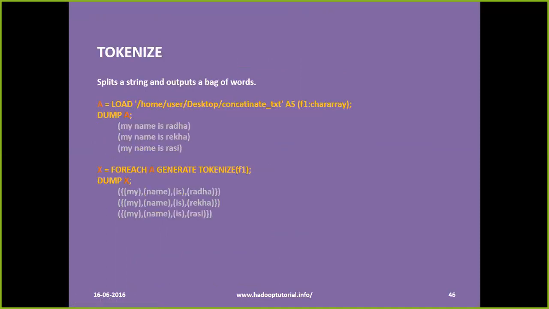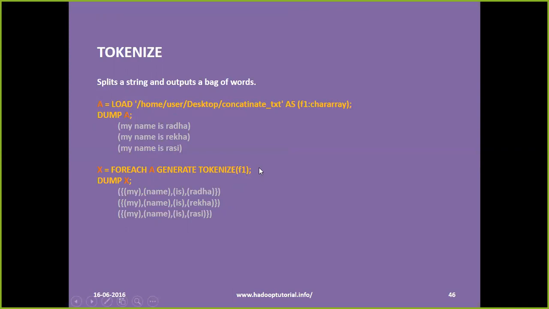And tokenize is to split. Here we have split, which means dividing one relation, one table, into multiple tables. But here the tokenize purpose is, in Java we have seen string dot split, right? The same.